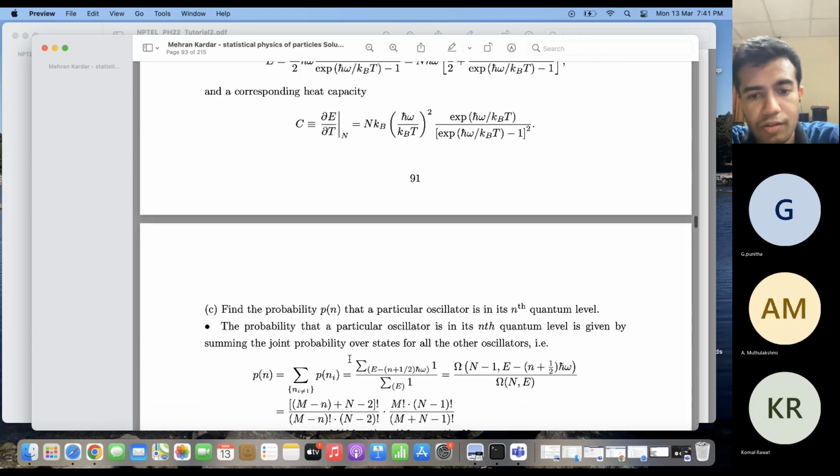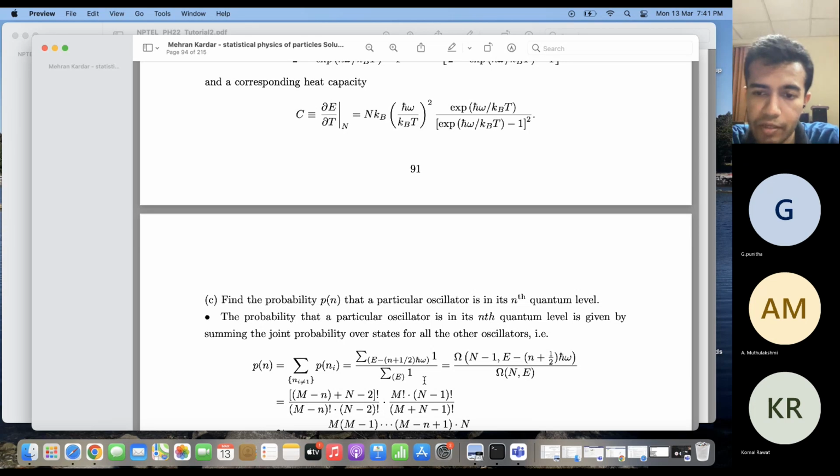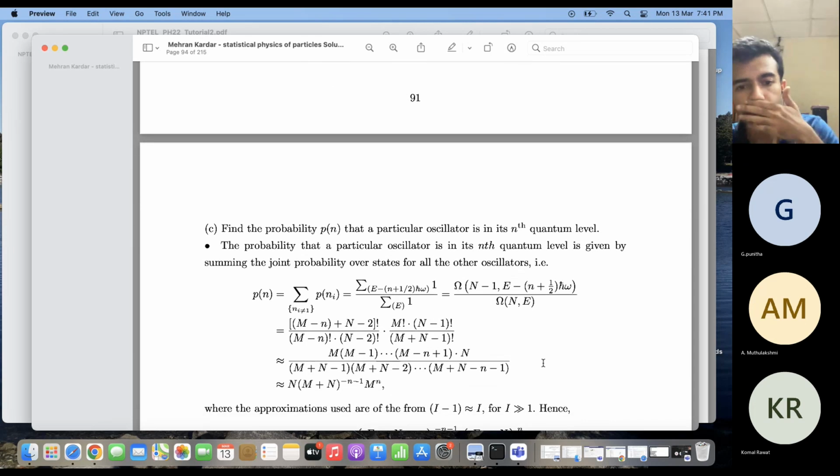And after I do that, I can also find the probability of finding a particular oscillator at the nth quantum level. Again we follow similar steps as earlier. We fix one particular oscillator at the nth quantum level, and we take the permutations of all the other oscillators.